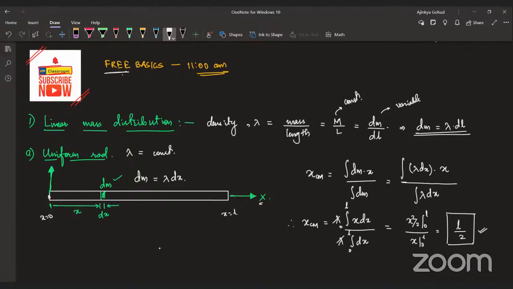So obviously, you will not be asked to find the center of mass of a uniform rod. You will be asked to, let's say, find the center of mass of a non-uniform rod. Now, what is a non-uniform rod?